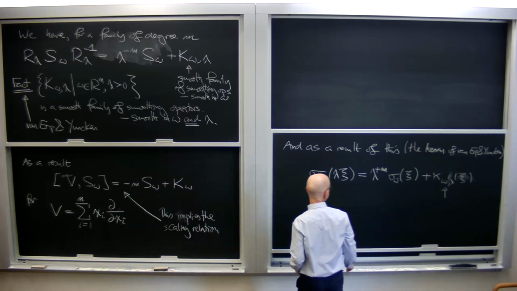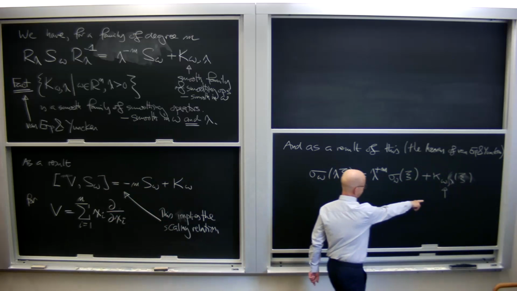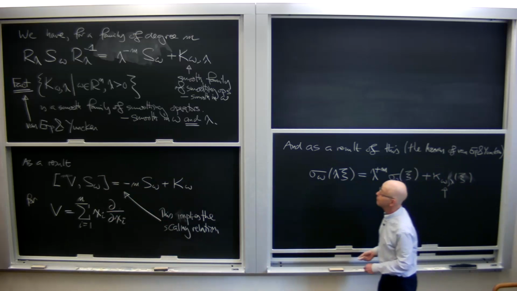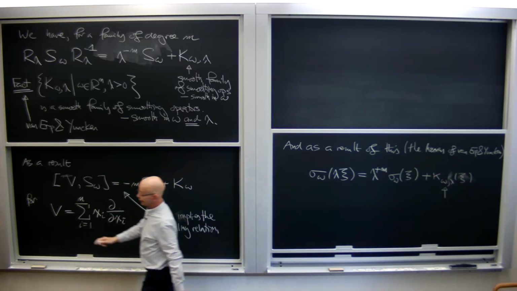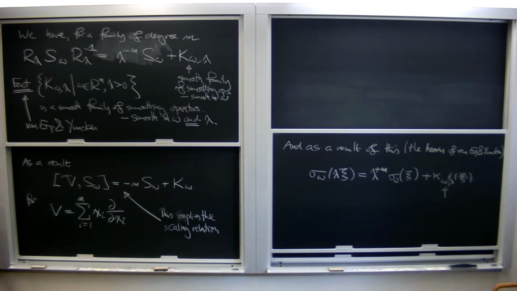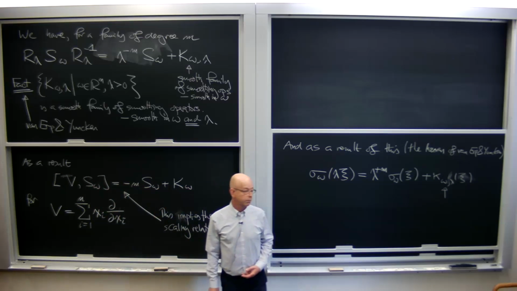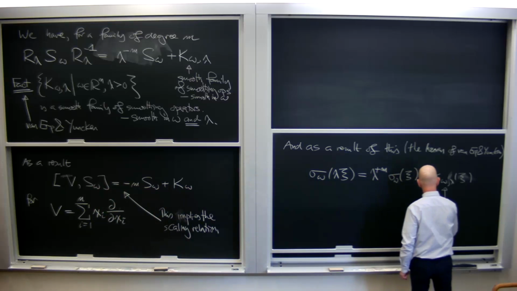With one additional fact, which is that this error term here, the Fourier transform of k, defined exactly like this but using k instead, is now going to be smooth in omega and lambda.